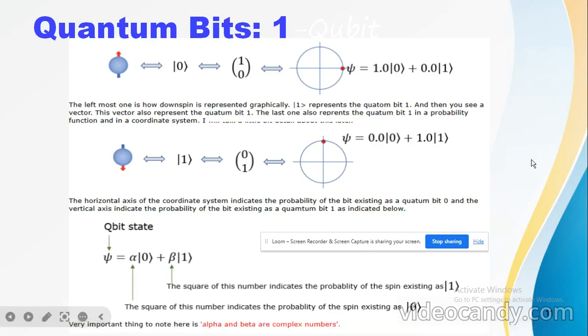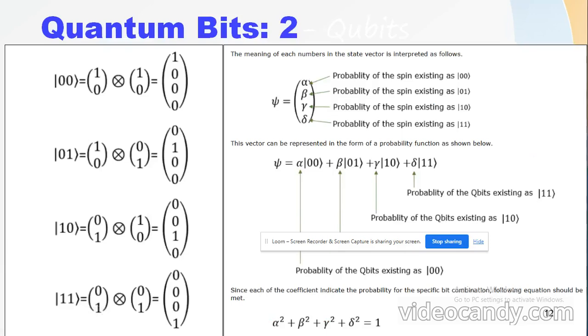Next, we will move on to the quantum bits of size 2. Now, with two bits, there are four possible states: ket 00, ket 01, ket 10, and ket 11. The vector representation of ket 00 is obtained by the tensor product of ket 0 with ket 0, which is nothing but (1, 0) tensor product with (1, 0).